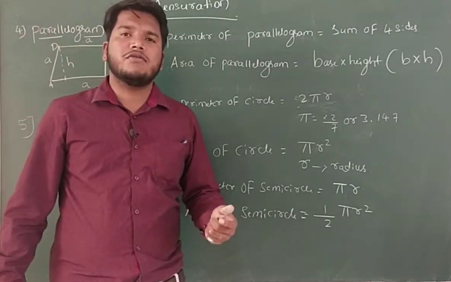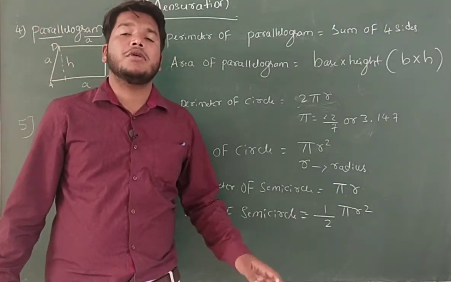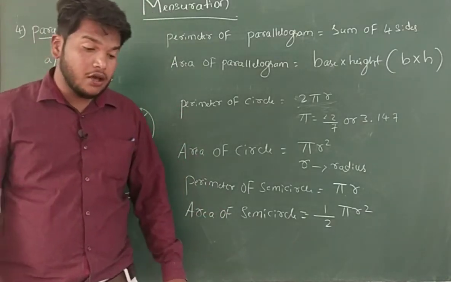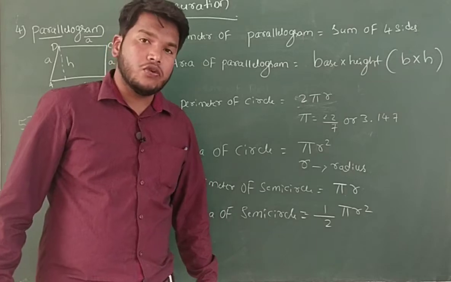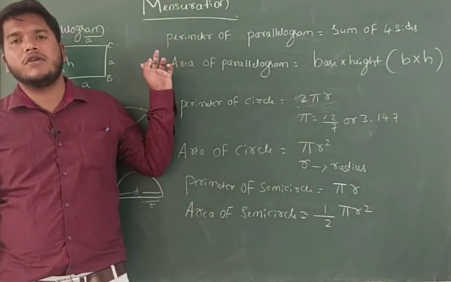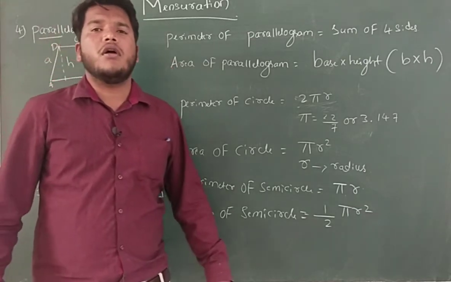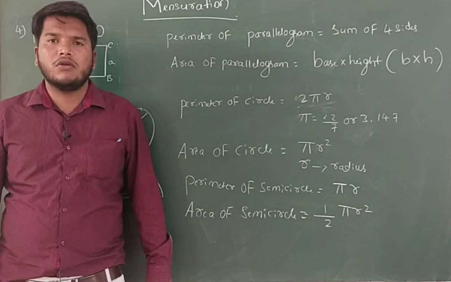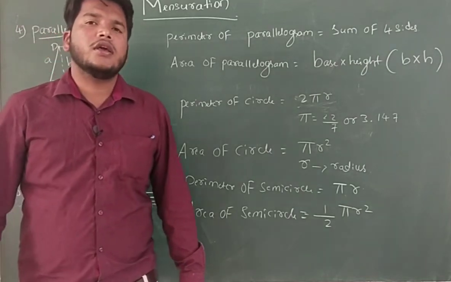So first we discussed the definition of perimeter. A perimeter is nothing but a boundary of a closed figure. Similarly, area is the region occupied by the closed figure, and you have studied the basic formulas. Perimeter of square is sum of 4 sides, and area of square is L square.